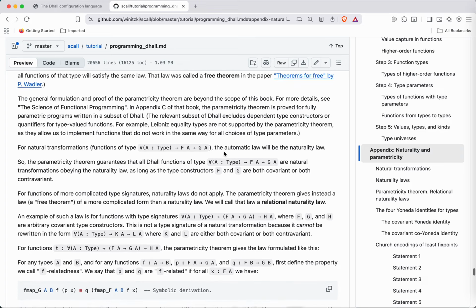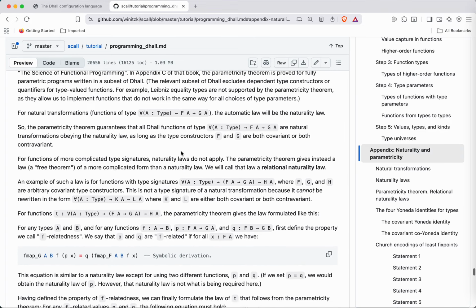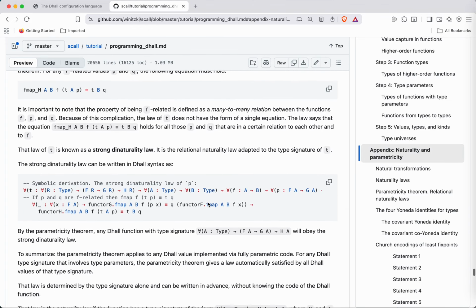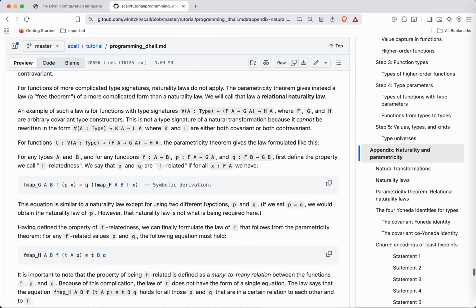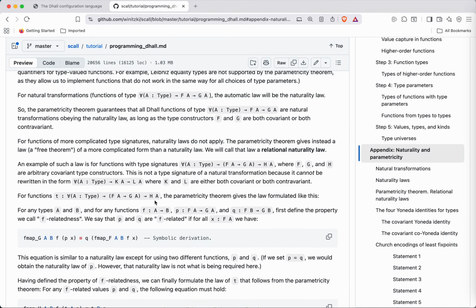I explain at some level the parametricity theorem. I do not prove it here, but I explain what it gives, what kind of laws it gives. I explain what is called a strong dinaturality law, which is a very powerful trick that you can use for proving properties of functions of this sort of type.